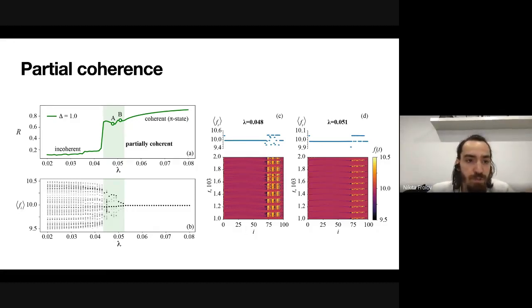We have fixed the heterogeneity, delta equals 1, and considered the effective frequency distribution of the network nodes after the explosive transition. The dynamics of the network changes rapidly.